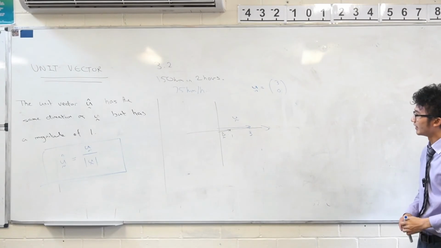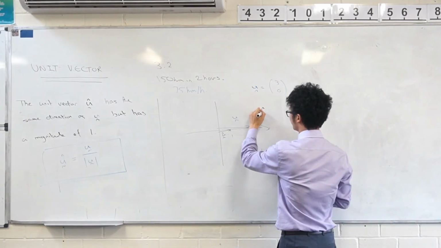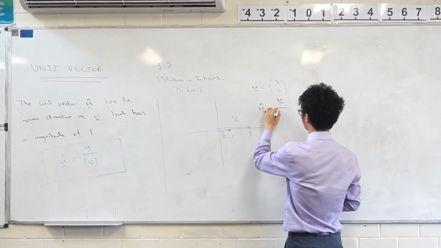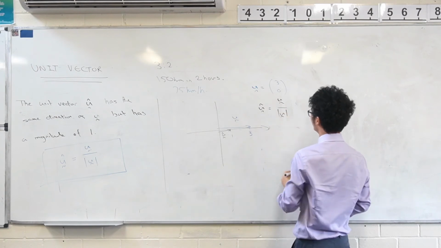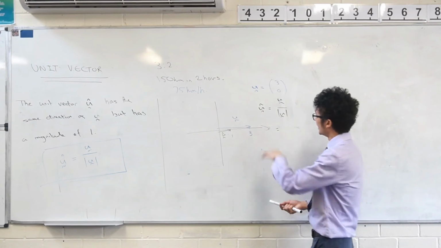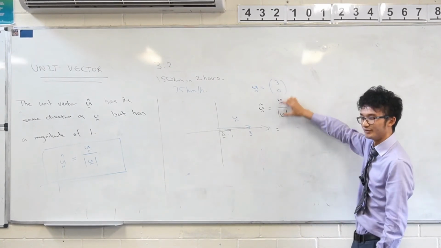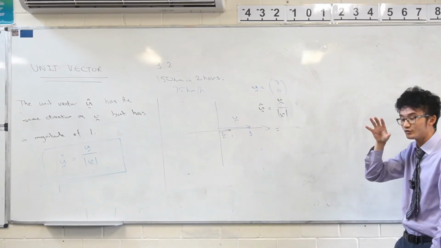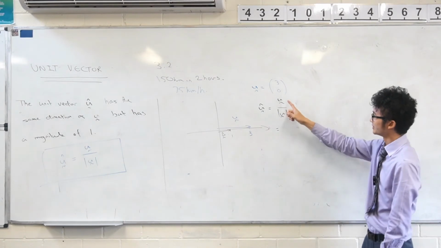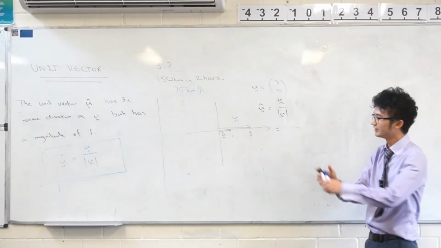So if you think about it, let's use this formula now. u hat would be u divided by the magnitude. There are a few different ways you can write this out. We wouldn't place this vector on top and divide it like that. With multiplying and dividing by numbers, because this is a number here, dividing by 3 is the same as multiplying by 1 over 3.